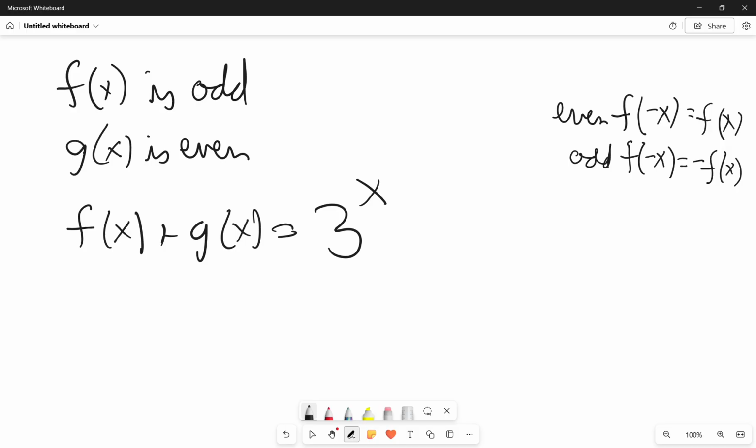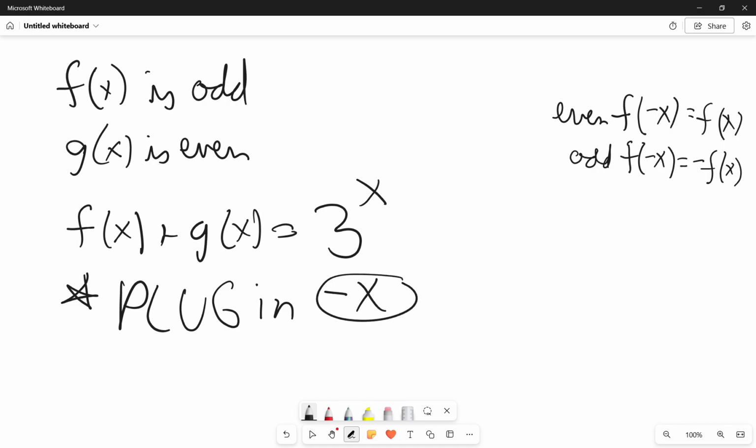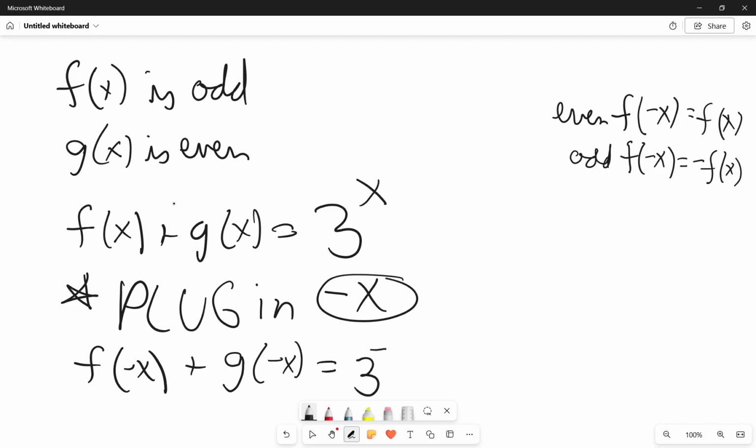And this time it really helps because now we can plug in -x into the function. So that's basically the whole point. So plug in -x. This makes it f of -x plus g of -x equals 3 to the -x.